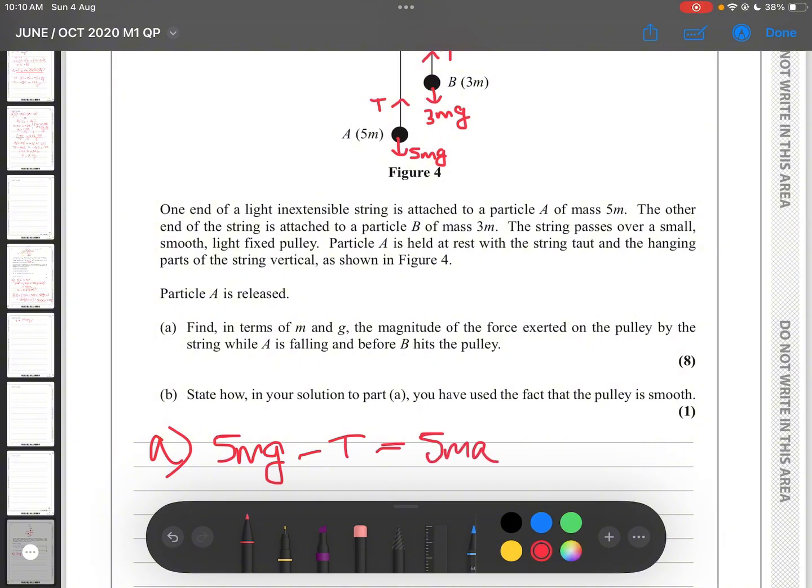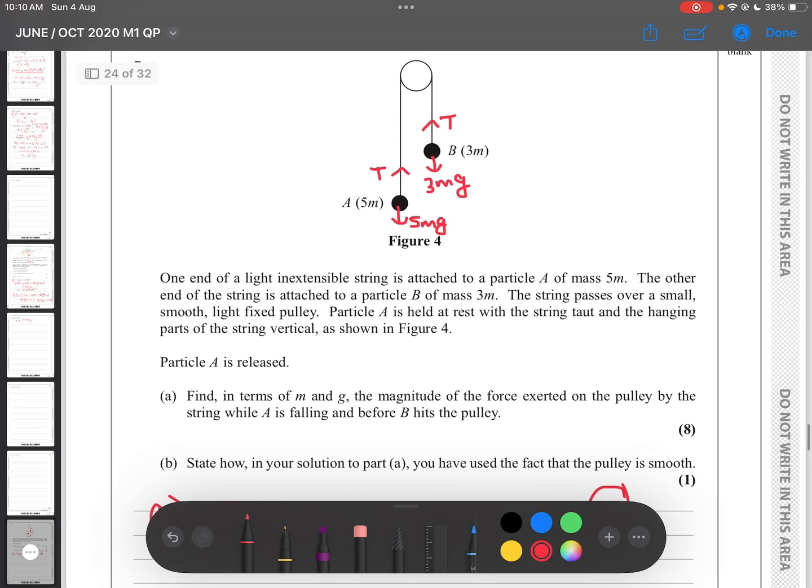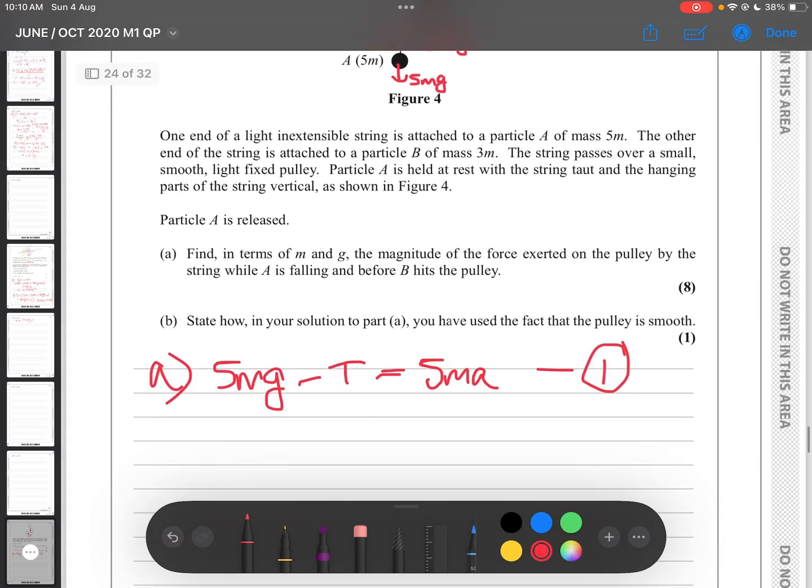This was my equation 1. And now equation 2. The ball B is moving up, which proves to us that the tension for ball B is greater than the weight acting. So we can make out the equation now. T minus 3mg is going to be equal to 3ma.